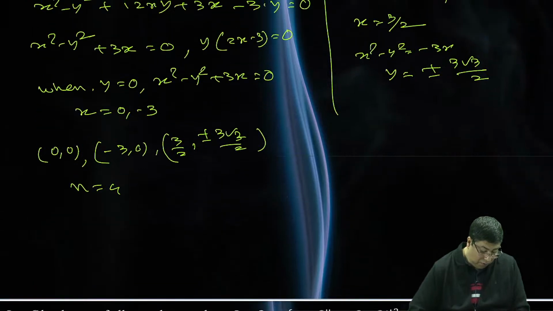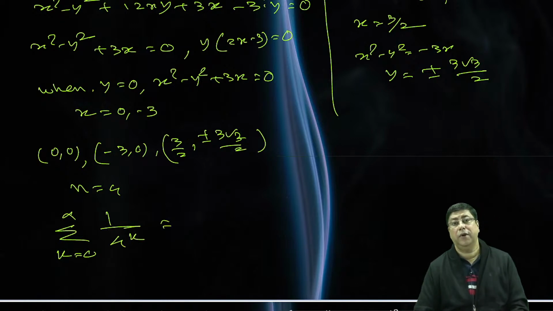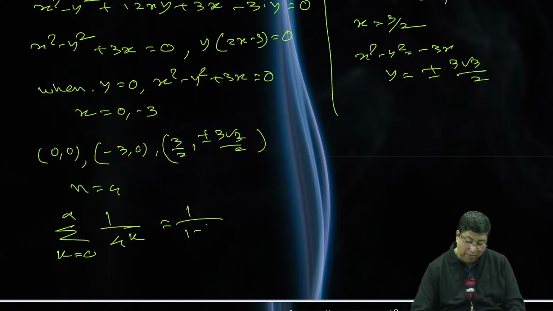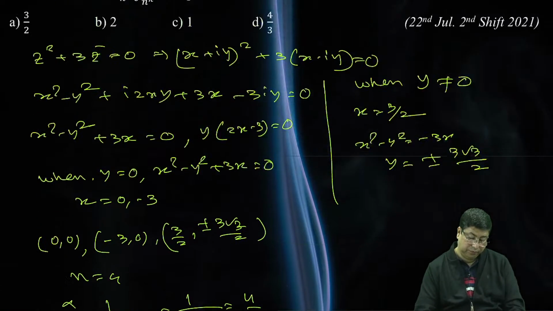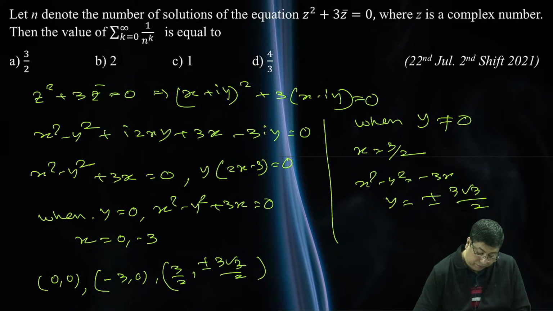Then summation k equal to 0 to infinity 1 by 4 to the power k is an infinite GP series, so we use a by 1 minus r. This comes to 4 by 3. So the option is 4 by 3.